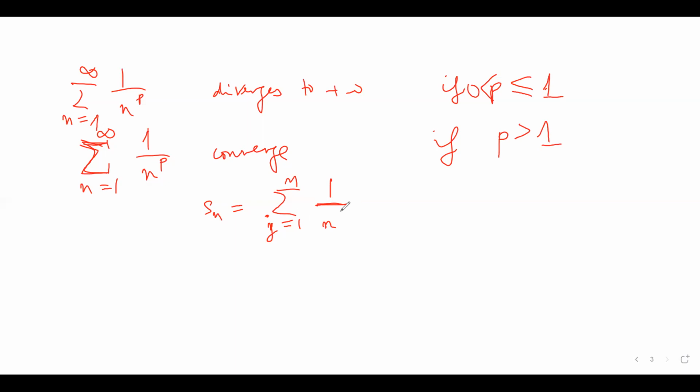So S_n is increasing. So if you want to show that this one converges, by the monotone convergence theorem, all you need to do is show that this one is bounded above, right? So try to show that this one is bounded above.